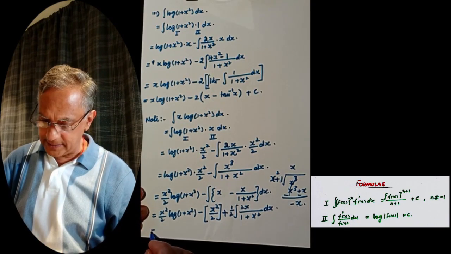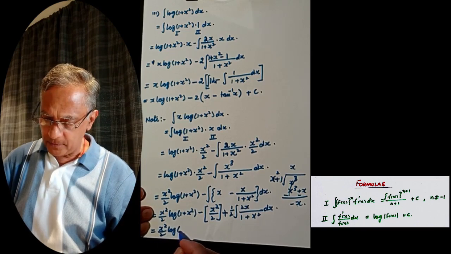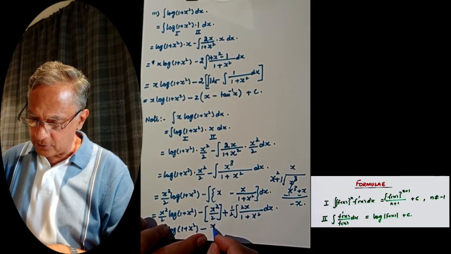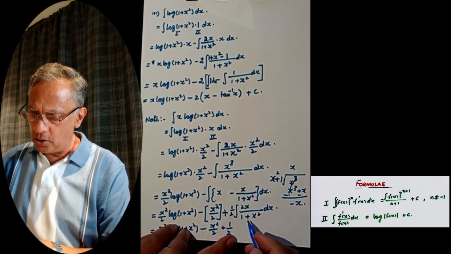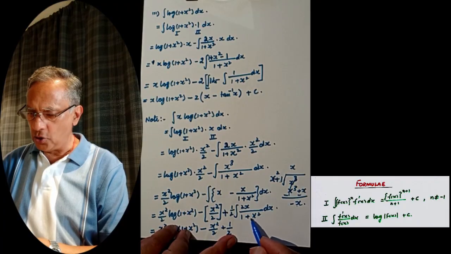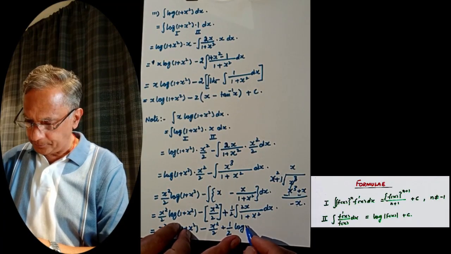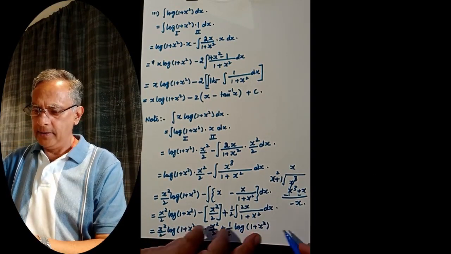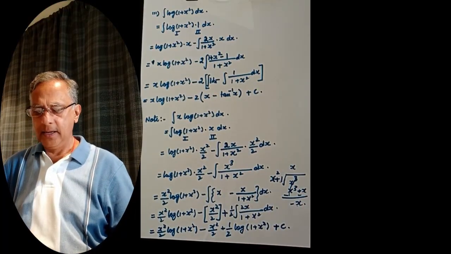So we will write this as x square by 2 log of 1 plus x square minus x square by 2 plus 1 by 2, and integration of this will be f dash x over fx, which is log of fx. So this will be log of fx, that is 1 plus x square plus c. So this is the answer.